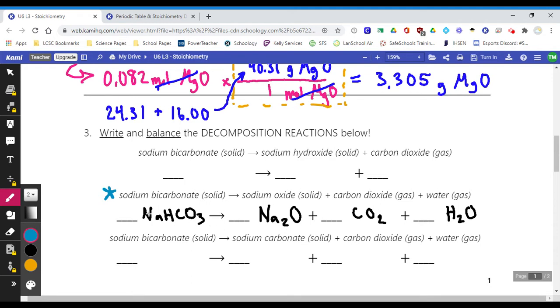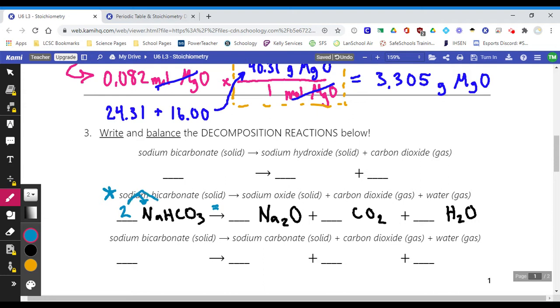So if I want 2 sodiums on the left to match the 2 on the right, I'm going to need a coefficient of 2 here. Okay, so that way I've got 2 Nas on the left to match the 2 Nas on the right. Now, this also affects the rest of the formula. I can't just pick and choose. So I have 2 Nas.